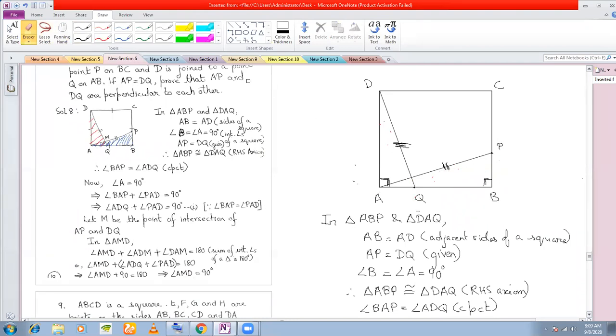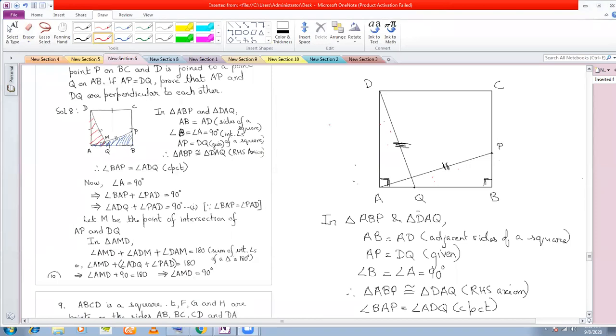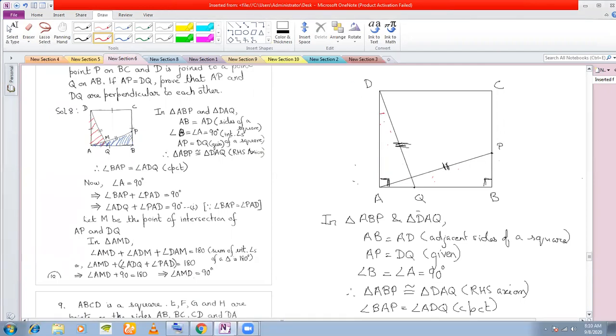We chose these two angles because if these two angles are equal, say I call this angle X and this angle X. Both are equal, so I call them X. And say I call the other angle Y.